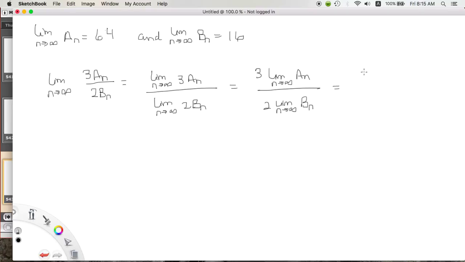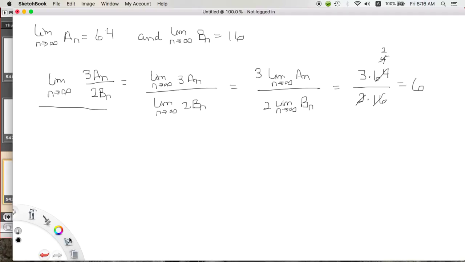So we know this number is 64, and this number is 16. And of course that's a pain to multiply out, so let's just simplify it while we've got it in this form. And I hope you guys know how to do all that. That's a long time ago. So our limit of this is equal to 6.